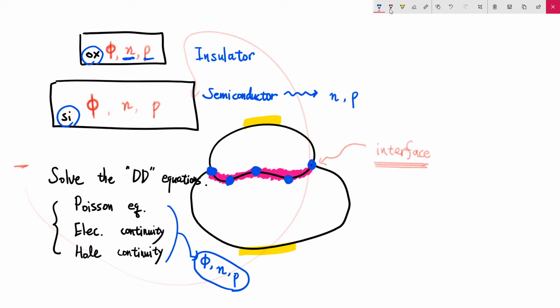Or we can say in our oxide region, electron density is always zero and hole density is always zero. That is also possible, so yes, we can define it in that way. However, the better way is, from the nature of the material, to just neglect them in the oxide region.